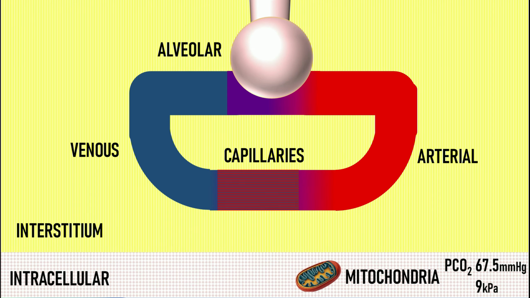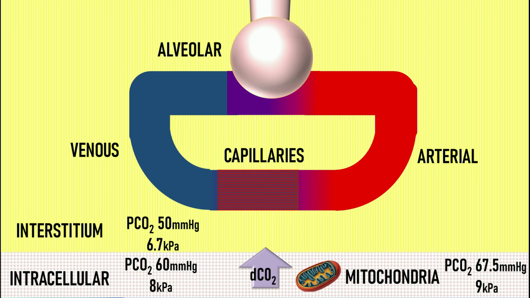The partial pressure of carbon dioxide in mitochondria is 9 kilopascals or 67.5 millimeters of mercury. In the cytoplasm of the cell, it's 60 millimeters of mercury or 8 kilopascals, so the CO2 diffuses out of the mitochondria.